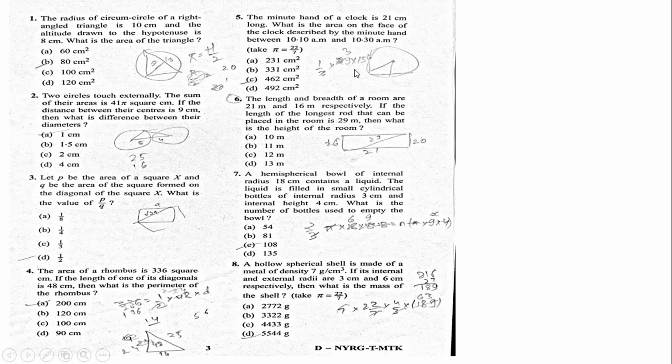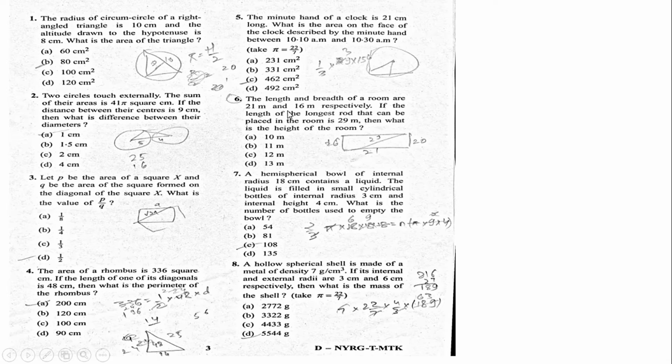So this will be calculated as one third of 154, which is the area of the 7 centimeter radius circle. This is three times, so the area will be the square of 3, that is 9. So one third of 9 multiplied with 154, the answer comes out to be 462.